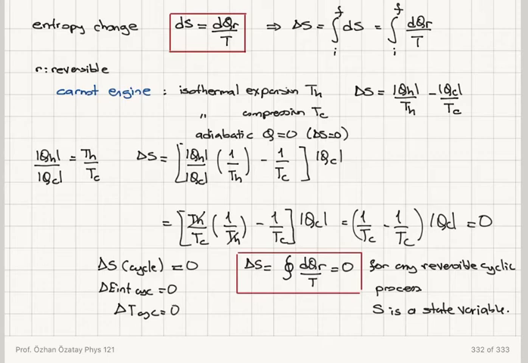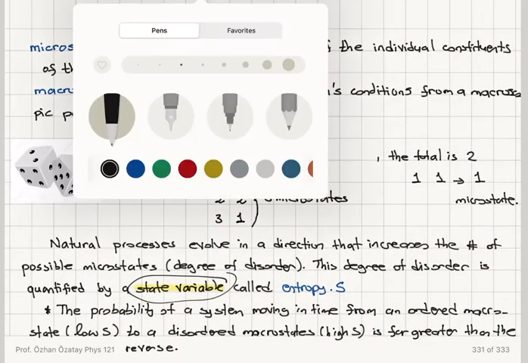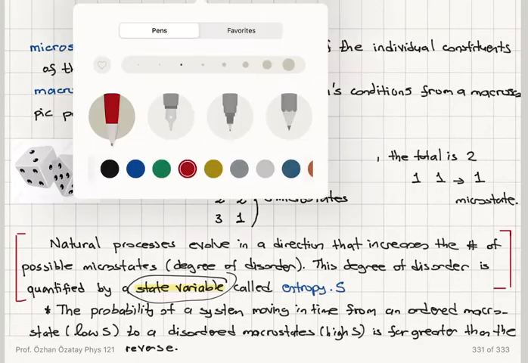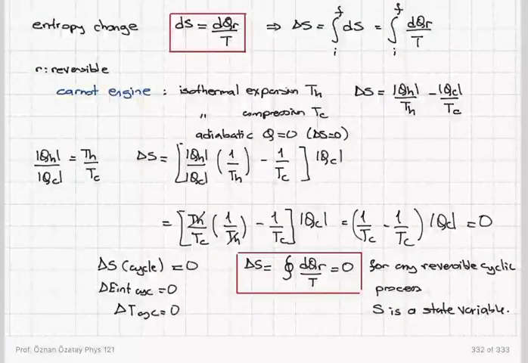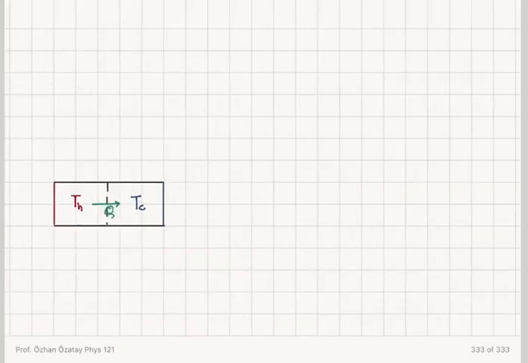Now I want to talk about the second law of thermodynamics. Basically, what we said here is that all natural processes evolve in a direction that is going to increase the number of microstates, the degree of disorder, or the entropy. This can be summarized as the second law of thermodynamics.